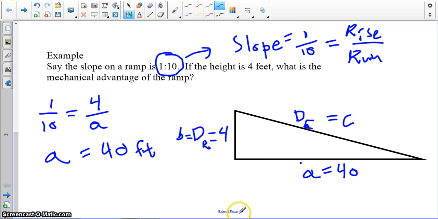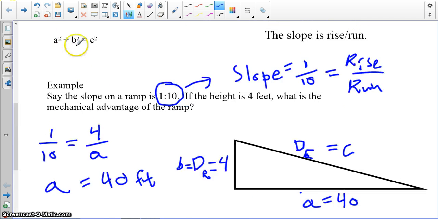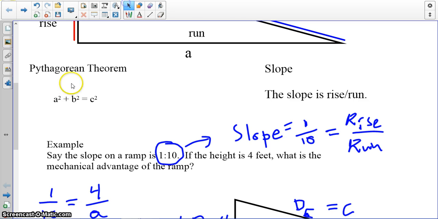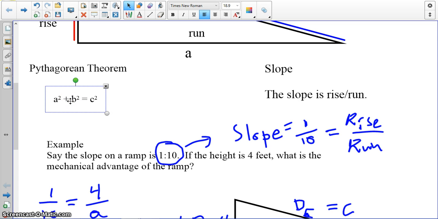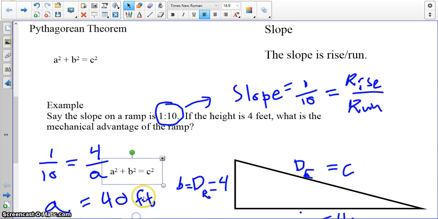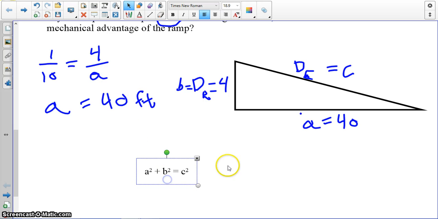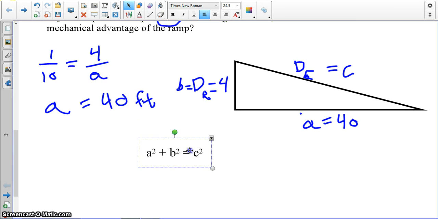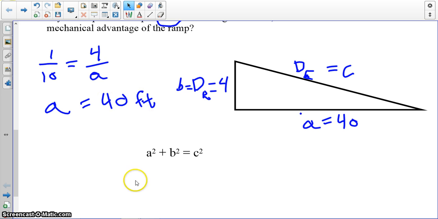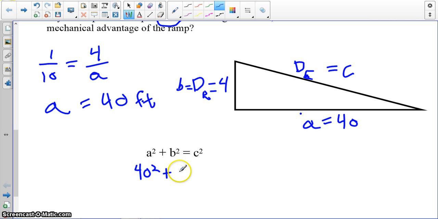So we want to find DE. We do, in fact, let me pull the equation down. Okay, so it's 40 squared plus 4 squared equals DE squared.